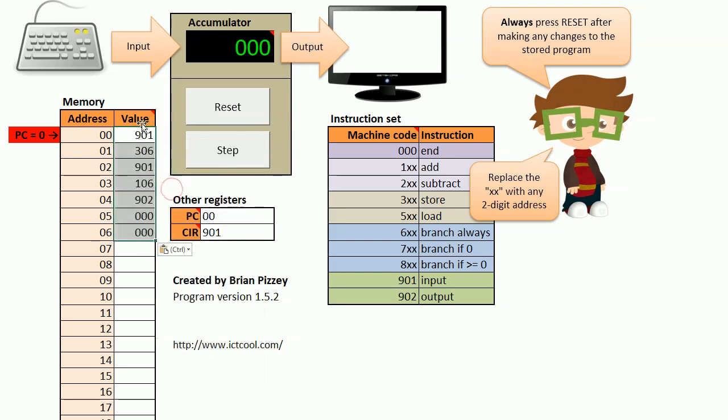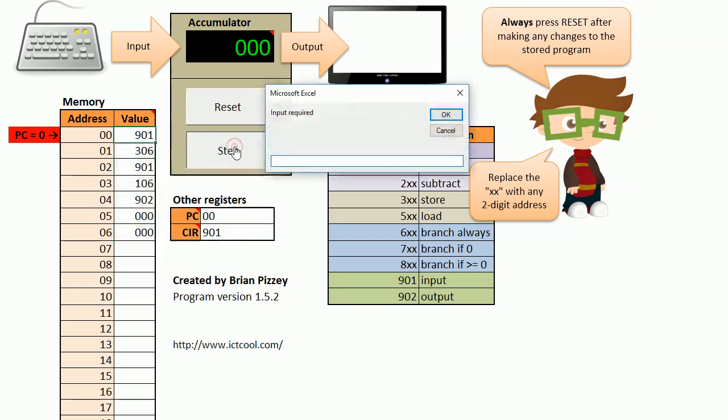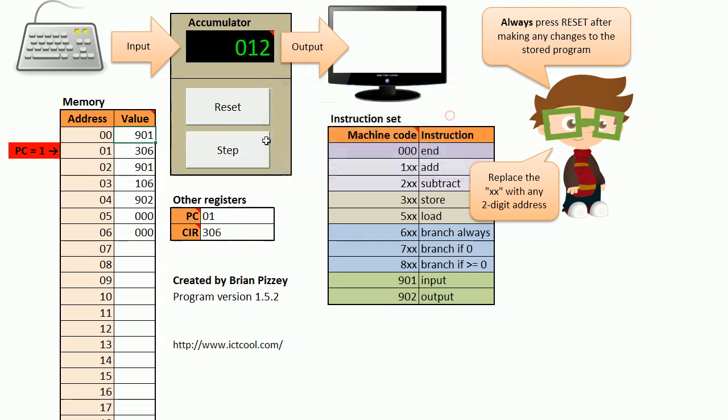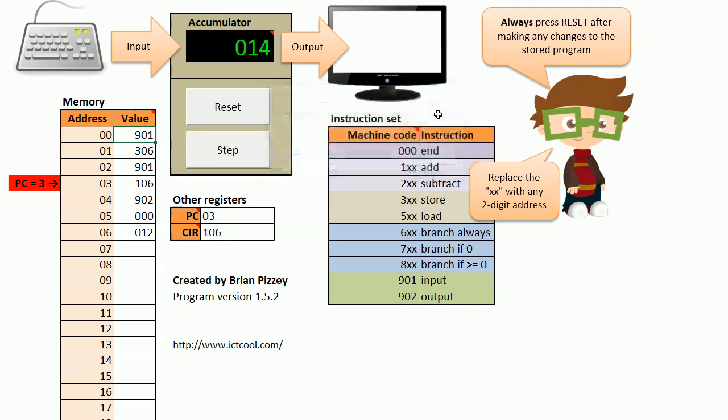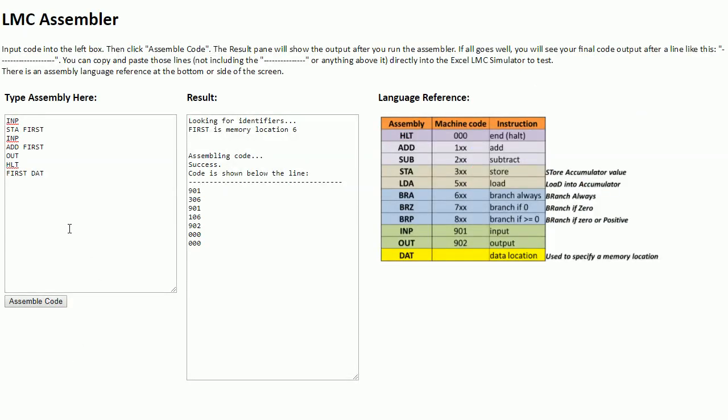So I can paste that, and here is a program that I can go ahead and run. So if I step through this, I can see it takes in two numbers and it outputs their sum. Right, very simple program. Here is the assembly code for that program.